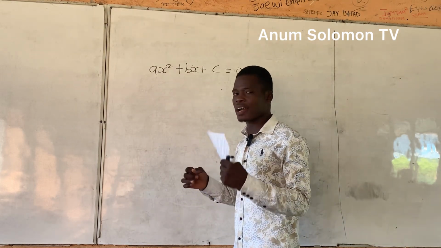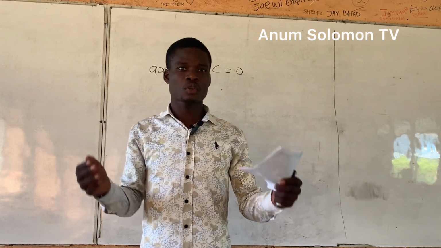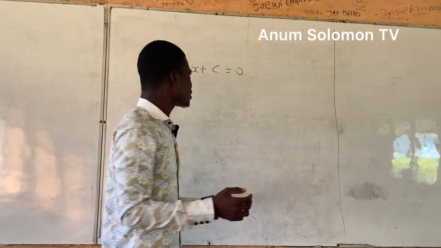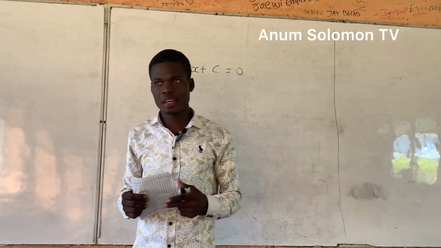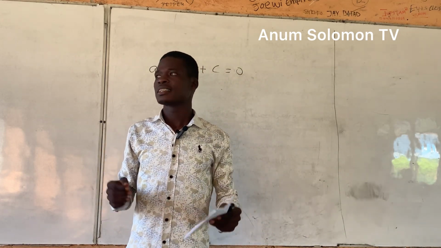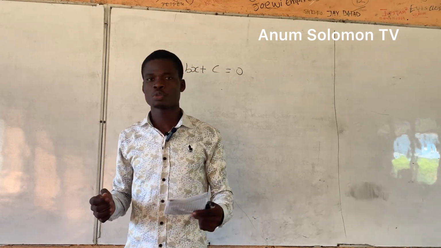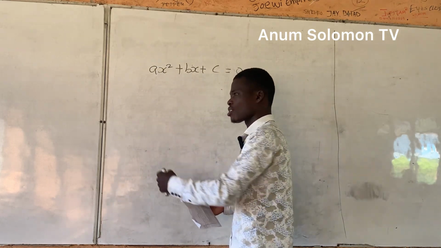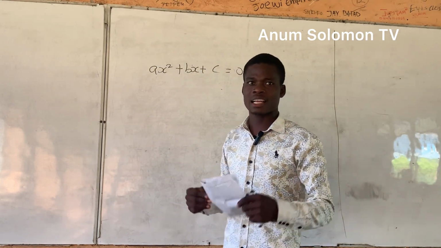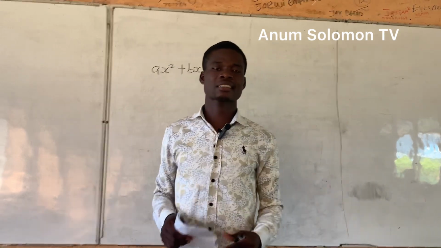When you find the half, you square your result and add it to both sides of the equation. Then you proceed to form a perfect square on the left side of the equation and simplify your results to get your final answer.